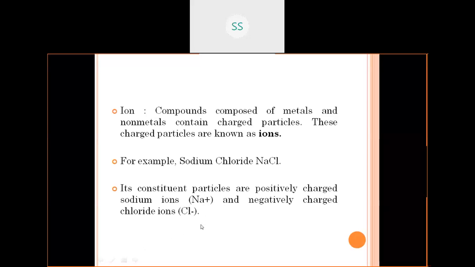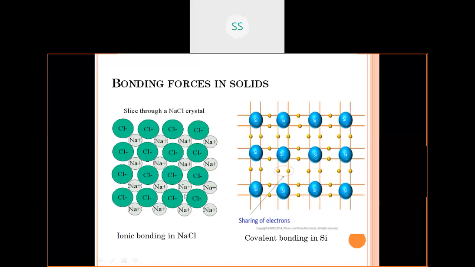When you take up the ionic bonding example in case of sodium chloride, this is a slice through a NaCl crystal. When a NaCl crystal is cut into a slice, this is the visibility. Just observe first: Na plus is surrounded by Cl minus, Cl minus, Cl minus, and Cl minus.